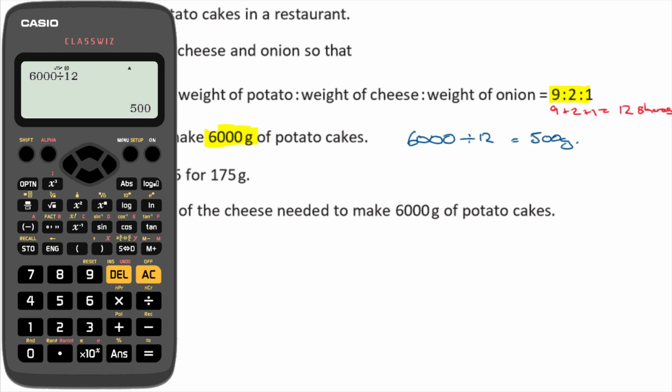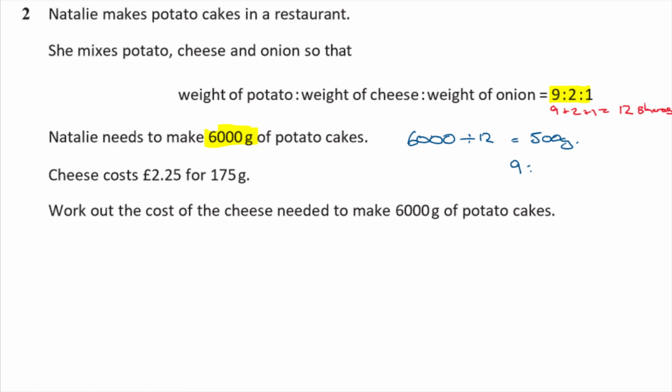So that means one share is worth 500 grams. So then if I take my original ratio of 9 to 2 to 1 and I scale that up by a factor of 500, that means I'm going to have 9 lots of 500. That's 4,500 grams of potatoes, 1,000 grams of cheese, and 500 grams of onion.